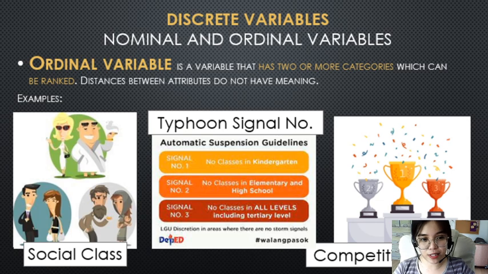Okay, pag typhoon signal number, dito excited yung mga bata, no? So, pag signal number 3, gusto walang pasok lahat. Kasi nga may leveling siya. There is a category, 1, 2, 3, and meron ding levels. Okay, there is a ranking. There is an order. Same thing with competition results. So, yung champion, first place, and then the second place. Category siya, and may ranking.